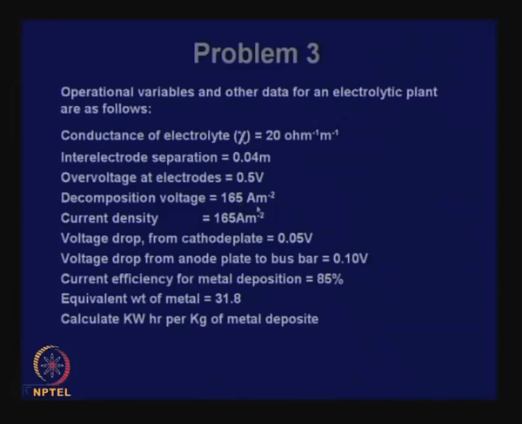Sorry, the decomposition voltage is not this, I will correct it. The current density is given, the voltage drop from the cathode plate and the voltage drop from the anode plate to the bus bar are given, current efficiency is given, and the equivalent weight of the metal is given. We have to calculate kilowatt hour per kg of metal deposited.